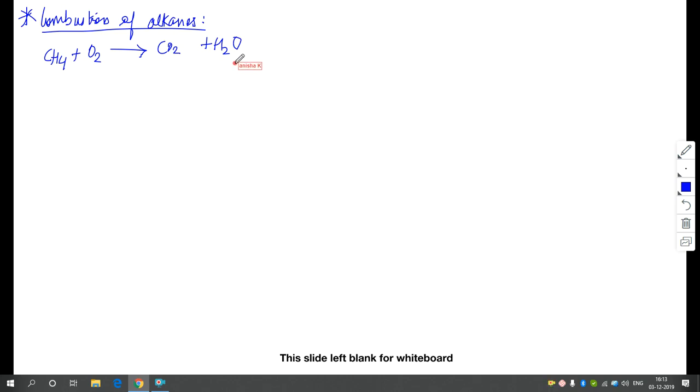You understood what is happening with combustion? Yes. Whenever we are reacting any kind of compound with oxygen, what we get as the end product is carbon dioxide along with water. Just check and see whether it is balanced or not. First balance this one and then I'll tell you.